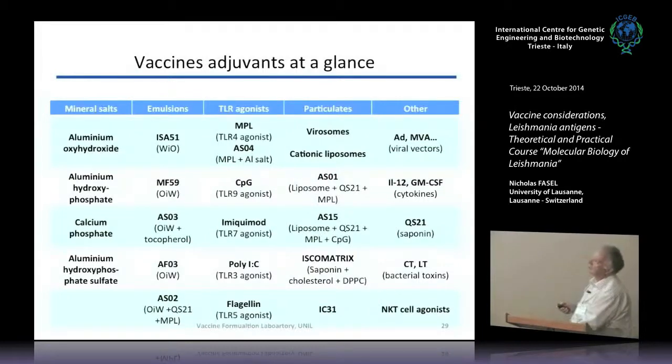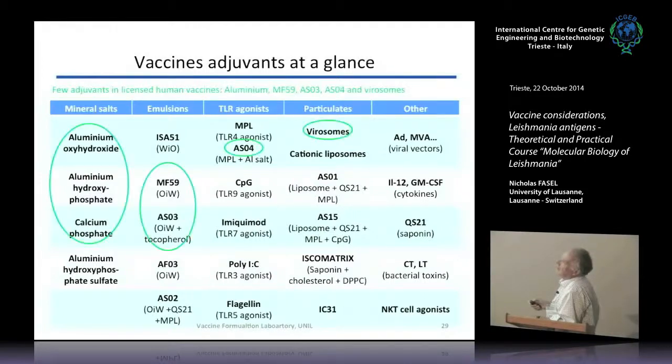So if you look at the different types of adjuvants, mineral salt, emulsion, TLR agonist, particulate, or others, and you look at the ones which are licensed for human use, you have only a few, mainly alum, MF59, which is an oil in water, AS03, which is oil in water plus tocopherol.